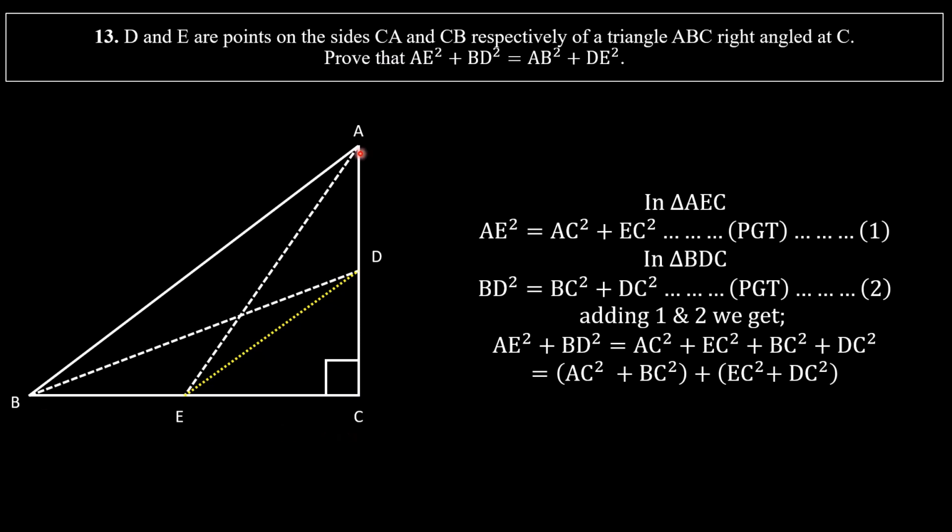In this triangle ABC, right angle at C, AC square plus BC square is equal to AB square by Pythagoras. Similarly, EC square and DC square, this is also a right triangle DEC. So the hypotenuse DE square is equal to DC square plus EC square. So EC square plus DC square is replaced by DE square, and AC square plus BC square is replaced by AB square.